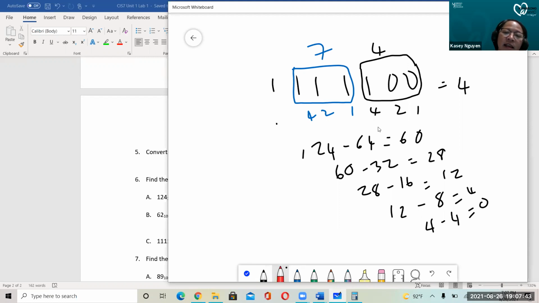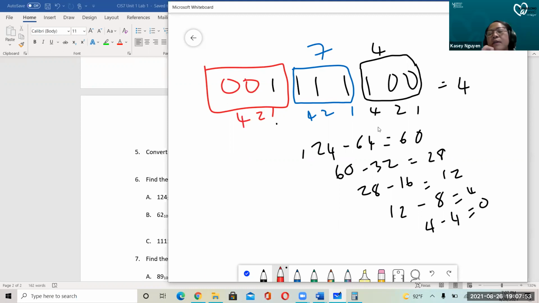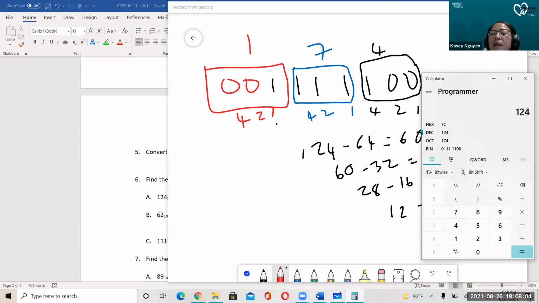And then on the left, that will be 0 and 0 here. So it's going to be again 1, 2, and 4. And so that's going to give me a 1. There you go. That's the octal.